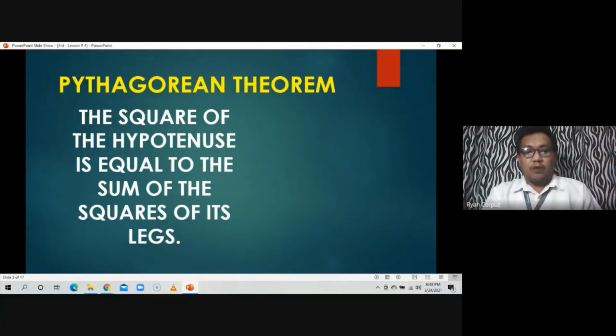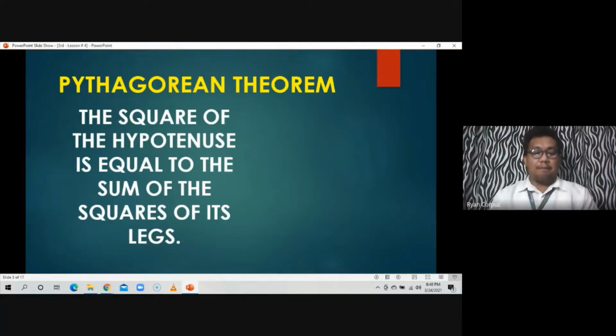So if you're going to apply Pythagorean Theorem there, which states that the square of the hypotenuse, ano ba yung hypotenuse natin doon? That is denoted by the small letter C. Equal daw yon to the sum of the squares of its legs, which are the legs are the A and B. Squares of it, then sum it, we come up with the formula for finding the hypotenuse.